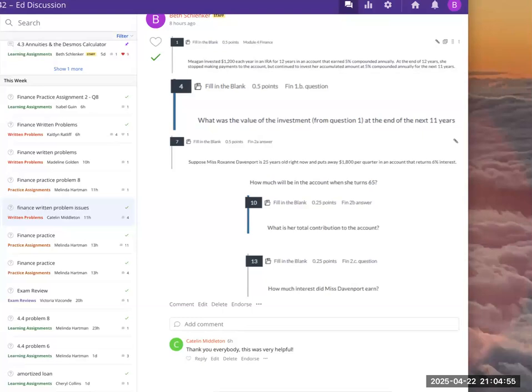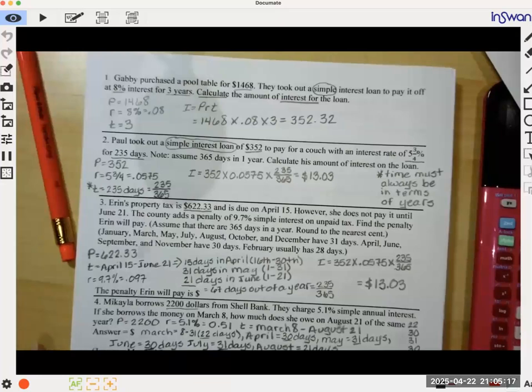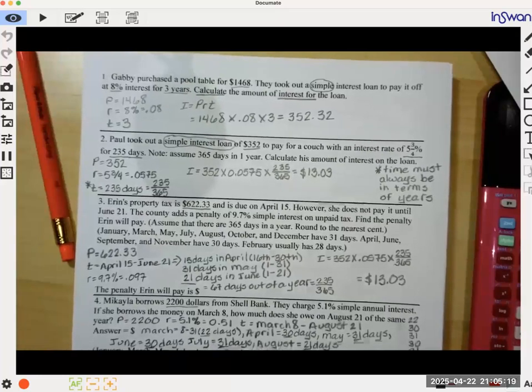So here's my work. Oh, you can't see it now, can you? You want to take screenshots, maybe?